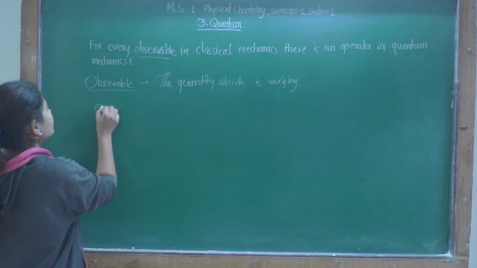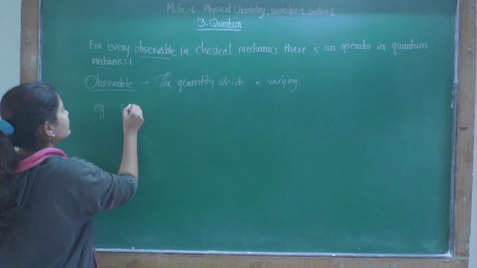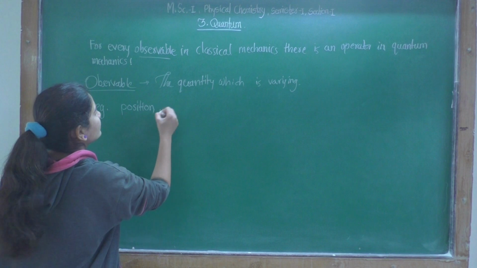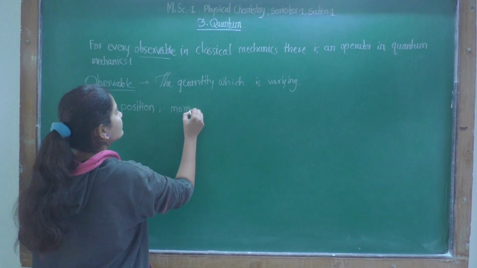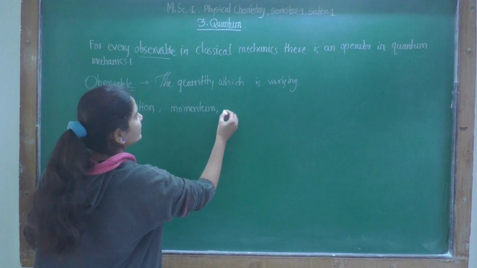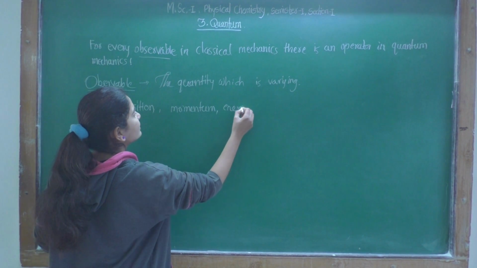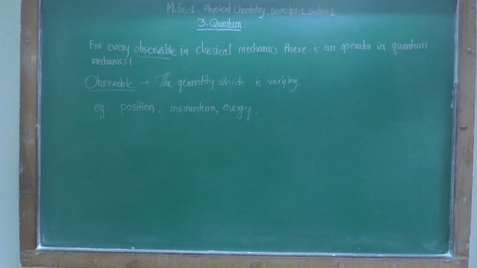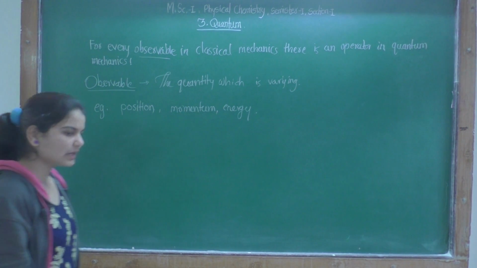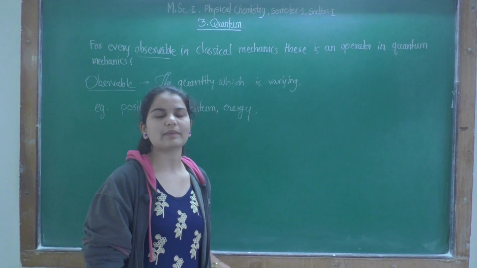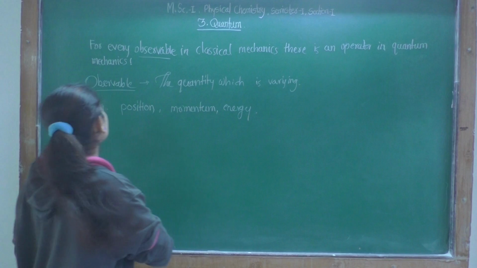For example, position, momentum, energy, these are called observables. Now we will see what the classical observables are and what the quantum mechanical operators for them are.